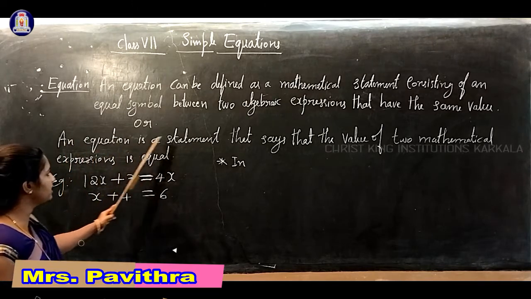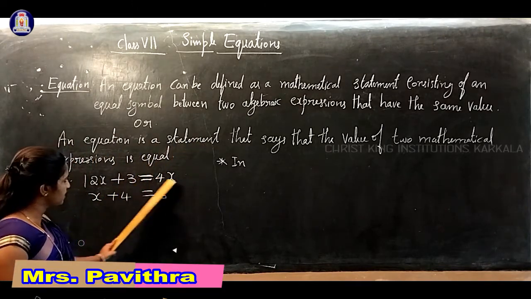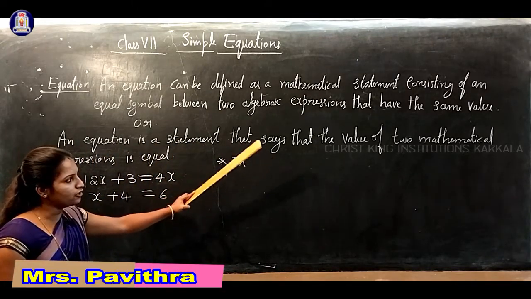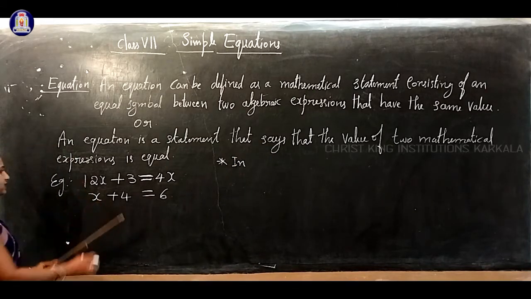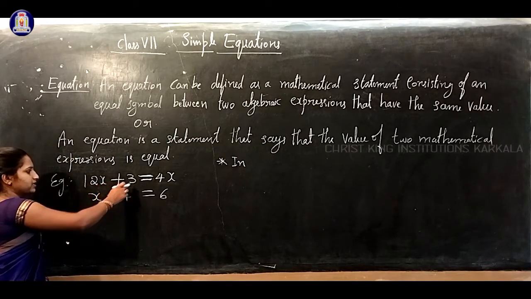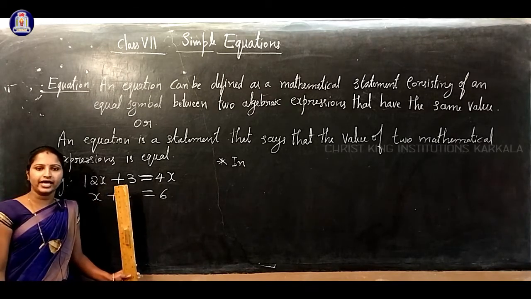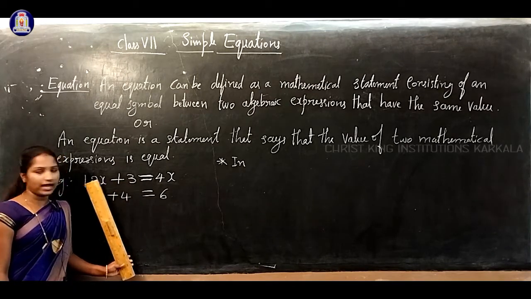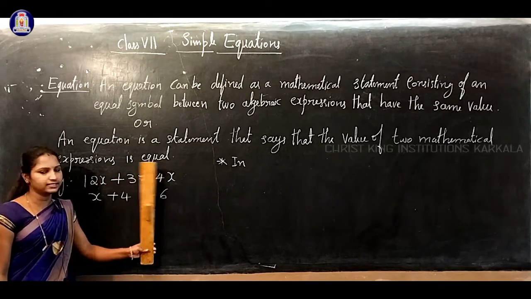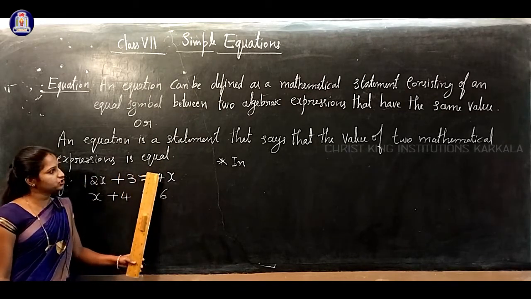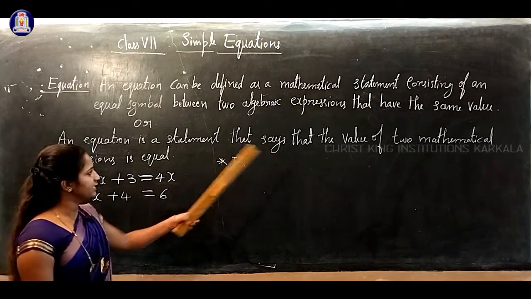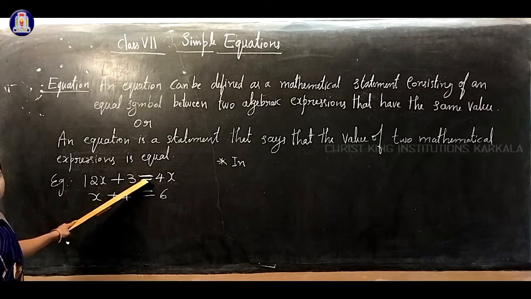That means an equation is a statement that says that the value of two mathematical expressions, 12x plus 3 and 4x, which are algebraic expressions connected by an equal sign, are equal.